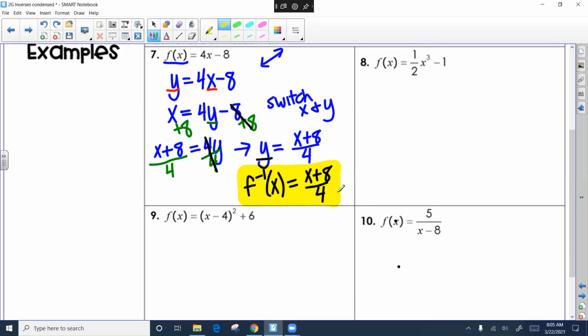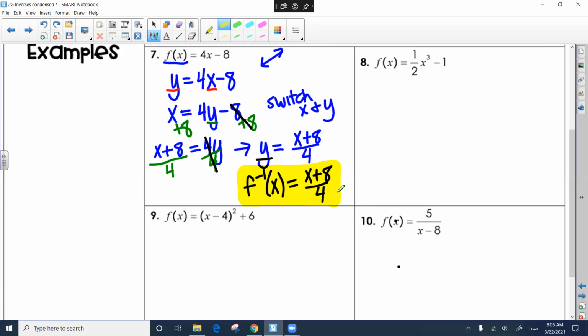Now, a couple other ways we can write this. The way you write your final answer doesn't really matter so much, but I just want to show you so you can recognize they're the same. On this, we have y equals (x plus 8) over 4. Instead of dividing the whole thing by 4, you could have divided each part separately by 4, like this: x over 4 plus 8 over 4.